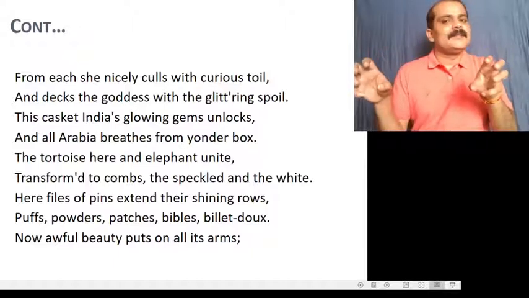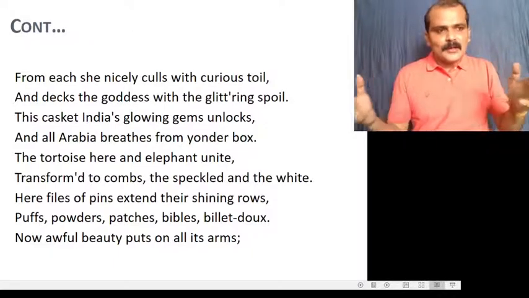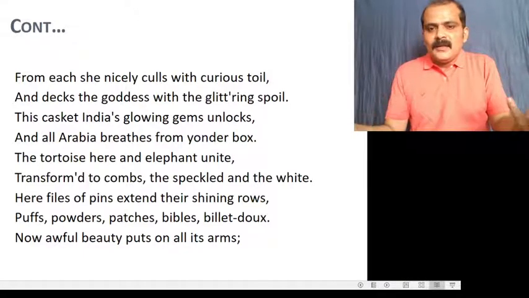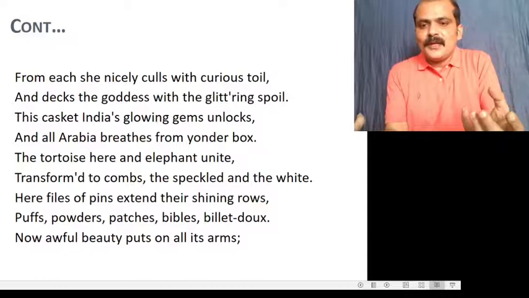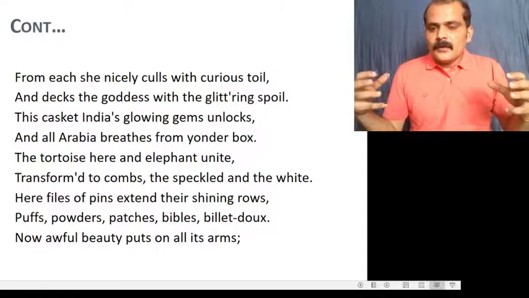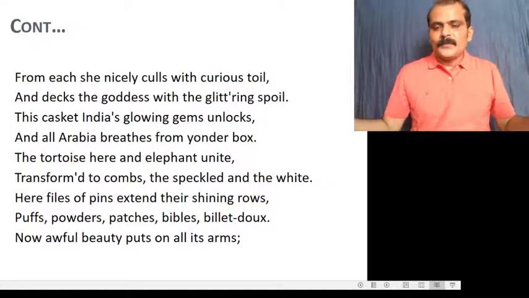This casket, India's glowing gems, unlocks. When it opens, there are many glowing gems from India. Very famous gems are unlocked there. And when that box opens, all Arabia breathes from yonder box.